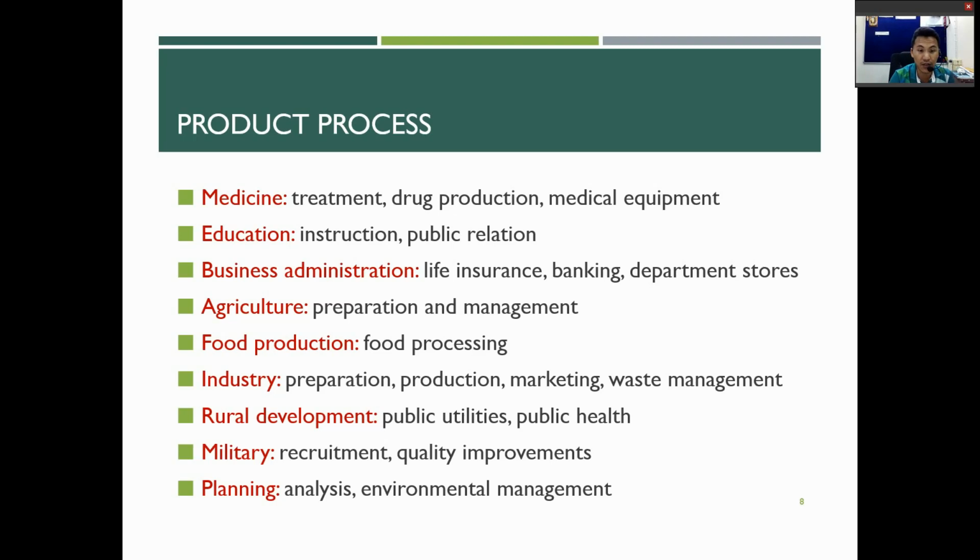Next one is industry. We need technology, of course, from preparation, production, marketing, and waste management, which is the very last step of the industry. You can see there's a lot of trouble going on nowadays.